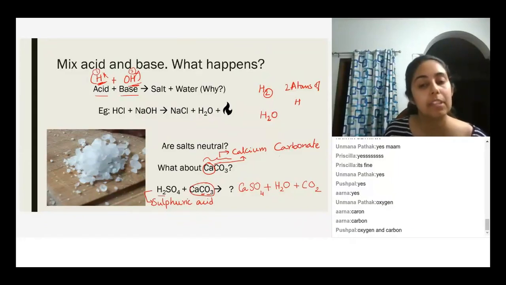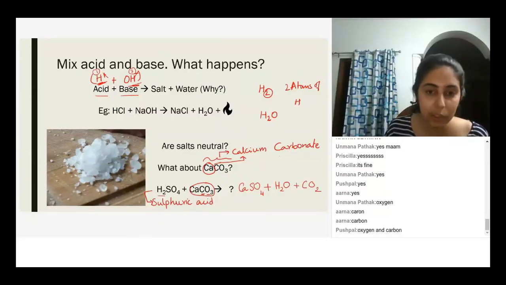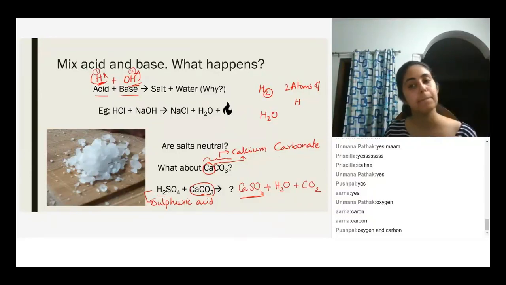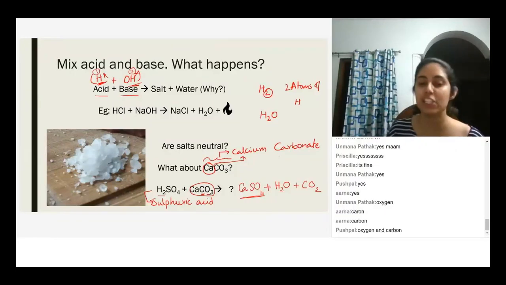So I'm taking an acid and I'm taking CaCO3. What happens? CaCO3 will react with H2SO4 to give me CaSO4. Is that calcium sulfate? Yes, it is calcium sulfate. I'll tell you how I got that.